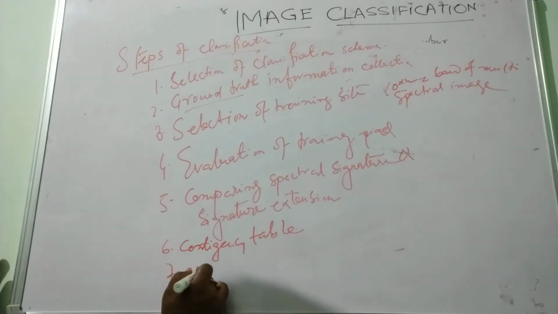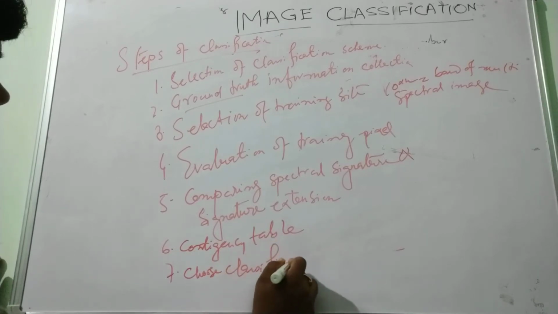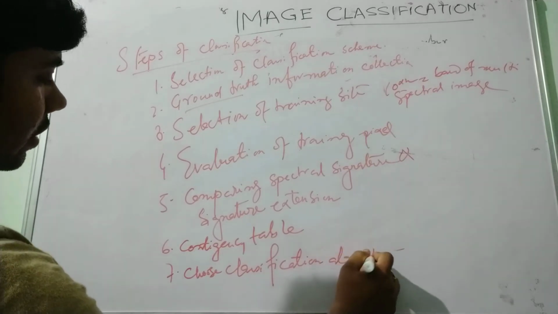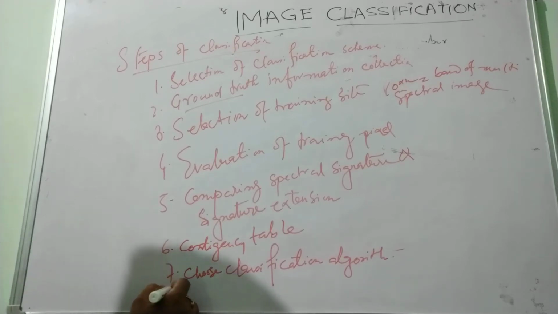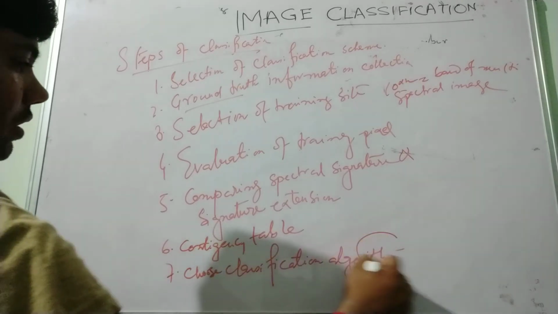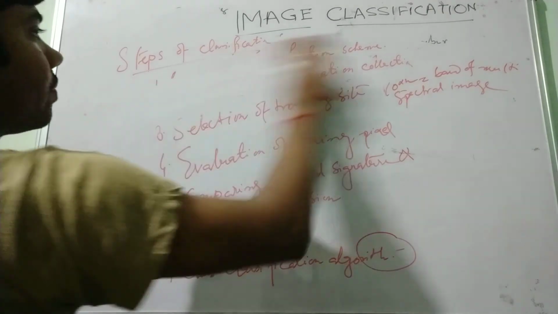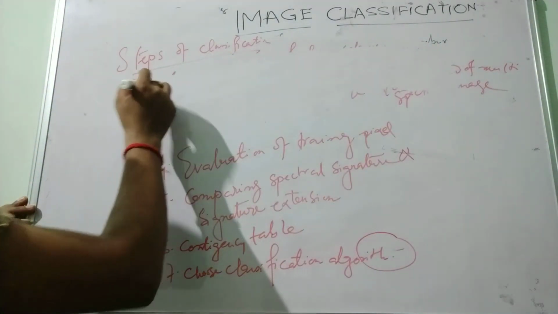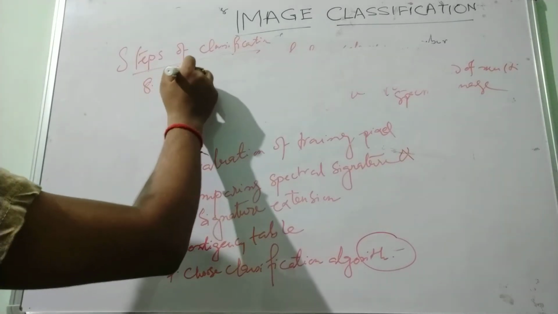Next, choose the classification algorithm. It may be supervised, unsupervised, parametric, or non-parametric. All these methods can be chosen in this process. Next is classified map generation.